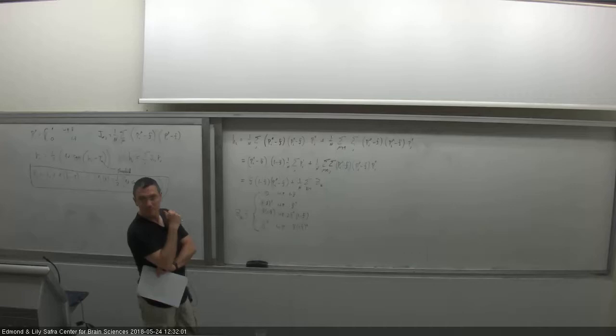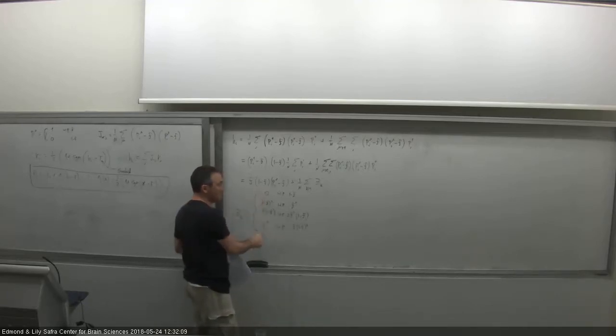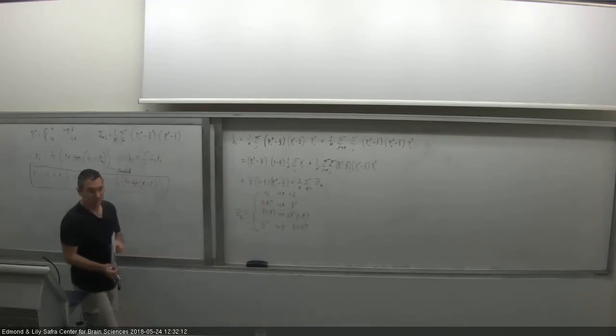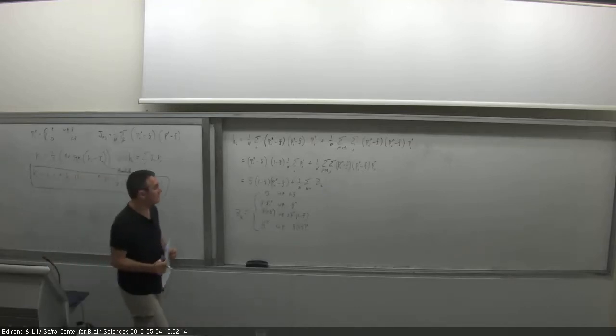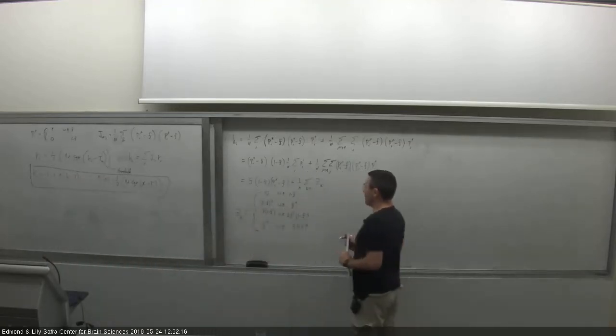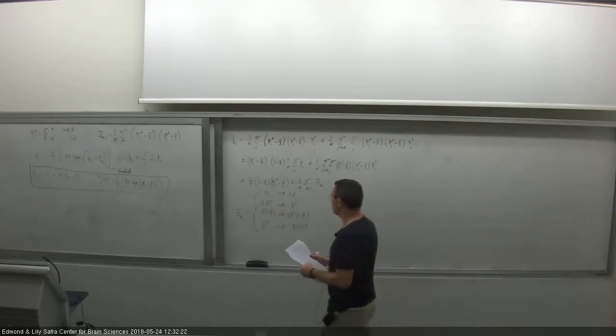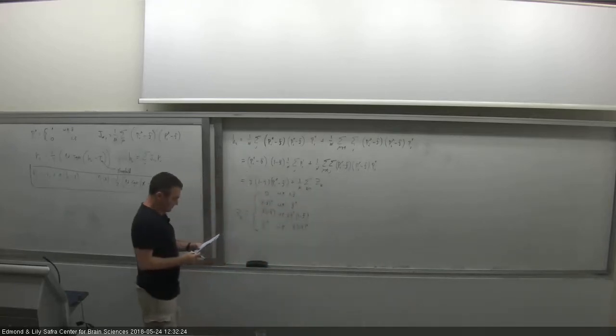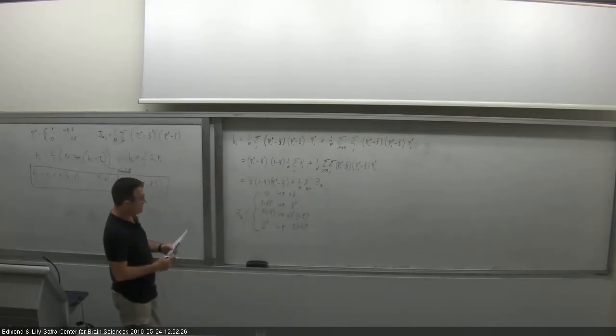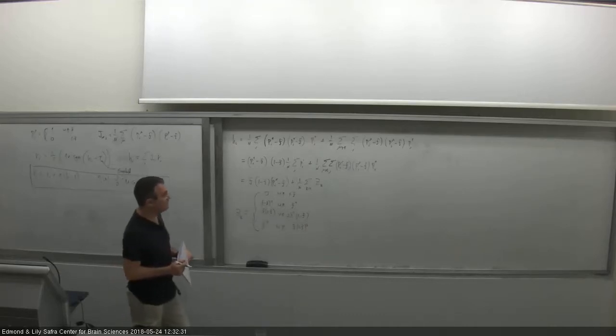Okay. Are we good? So it's more complicated than before because we have 4 options now. Previously we only had 2. Okay. So what do we need to compute now?